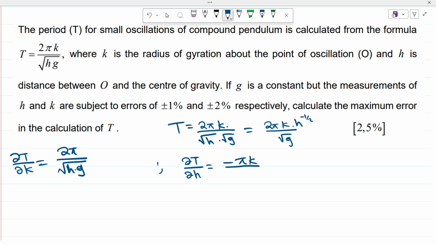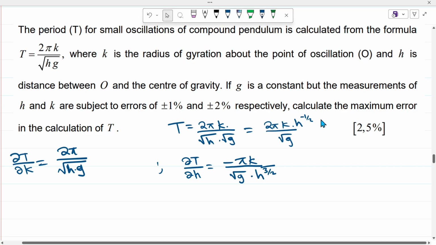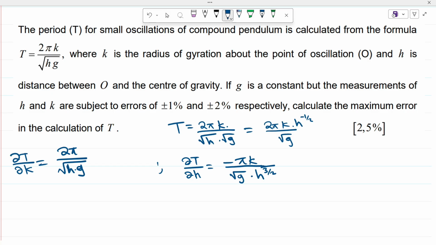You write that using positive exponents. This is root of g that was there, and that's going to be h to the power 3 over 2 when I write it using a positive exponent. So I'll take it down so that I can write it as a positive exponent, and then it will look like what I wrote there.